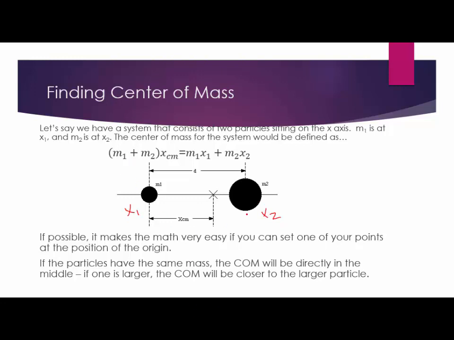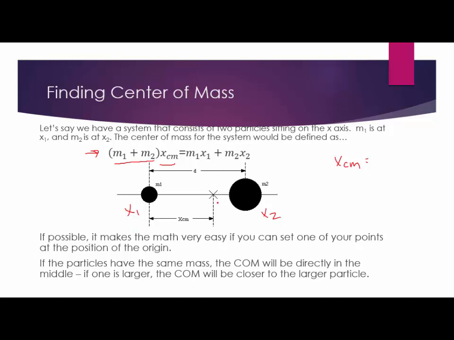To find the center of mass of this two-particle system, this is the equation we look at. We're looking at the total mass of the system, and x_cm doesn't stand for x centimeters. It stands for x, the position of the center of mass. That equals the mass of the first object times its location plus the mass of the second object times its location.